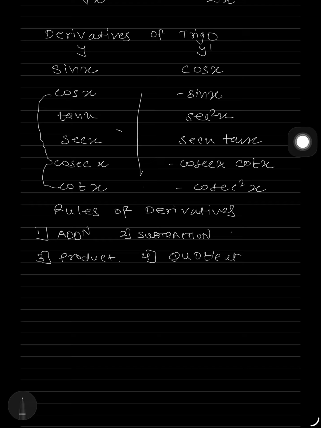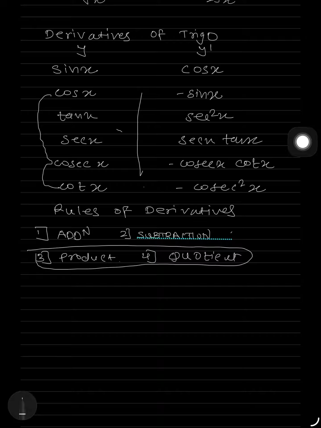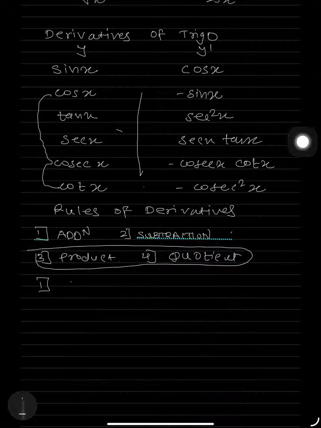Okay, the third and fourth, the product and quotient rules, we will see in the next video. For this video we will consider the addition and subtraction. For the first one, the rule of addition.